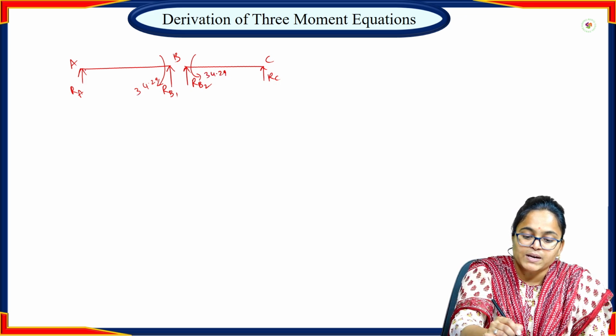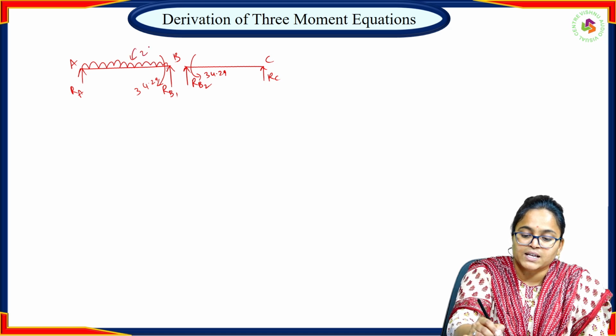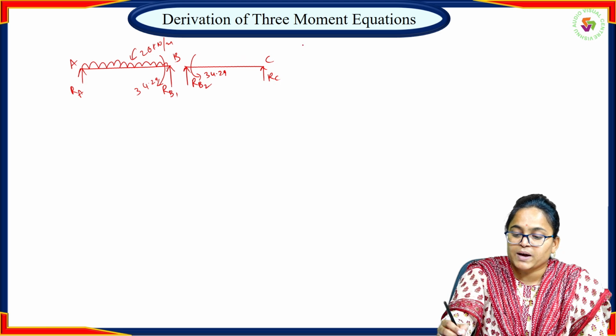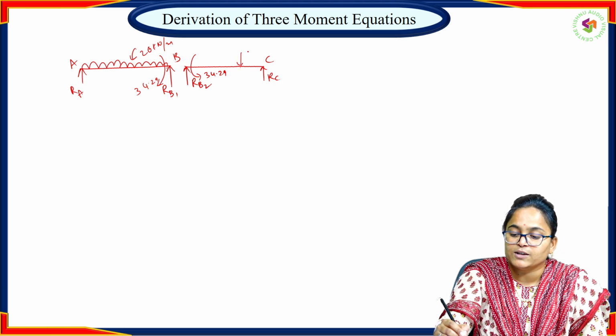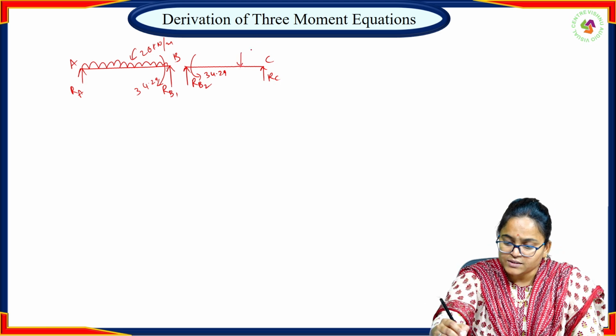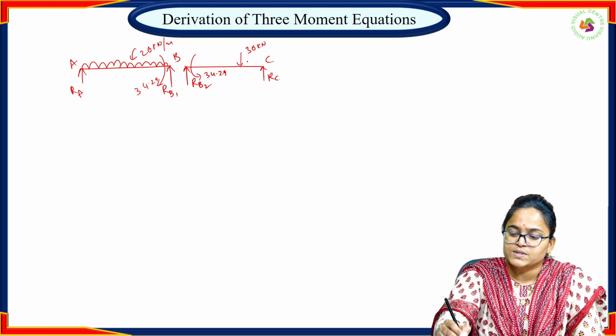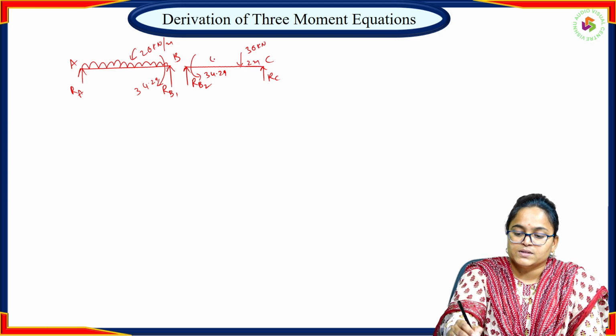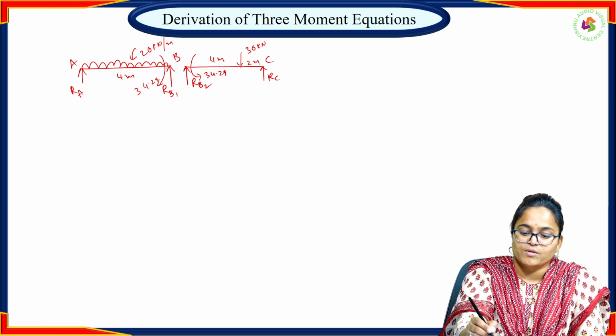34.29. Now AB span is subjected to UDL of intensity 20 kilonewton per meter and BC span is subjected to an eccentric point load of 30 kilonewtons from C. Okay, this is 4 meters. This is 4 meters.